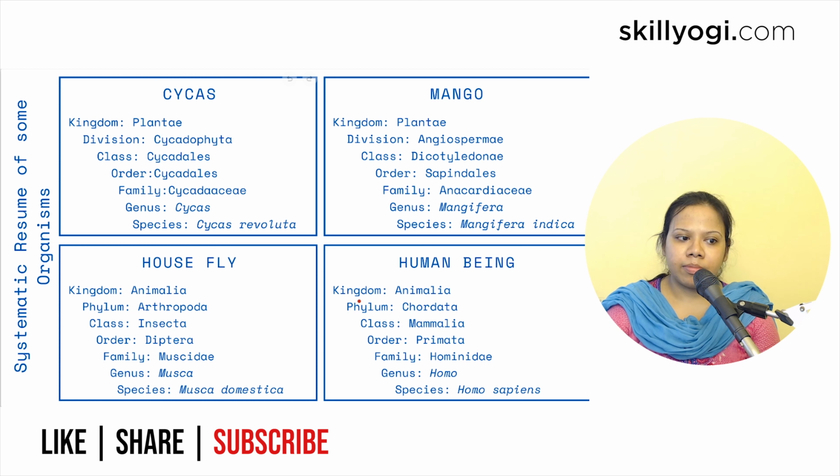The human being: Kingdom Animalia, phylum Chordata, class Mammalia, order Primata, family Hominidae, genus Homo, species Homo sapiens.